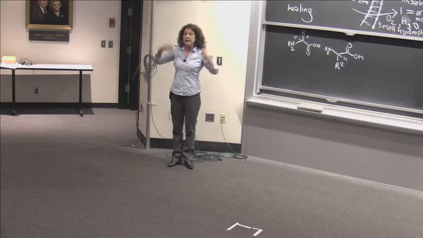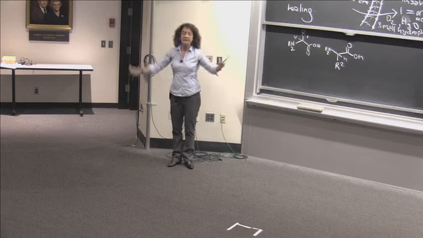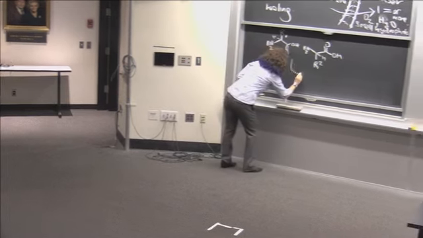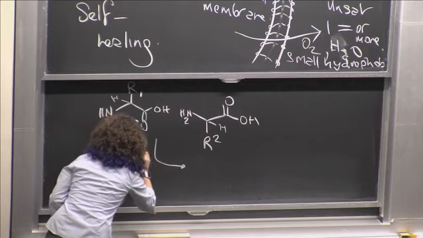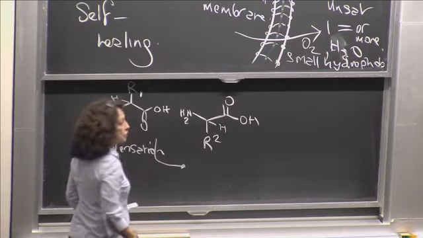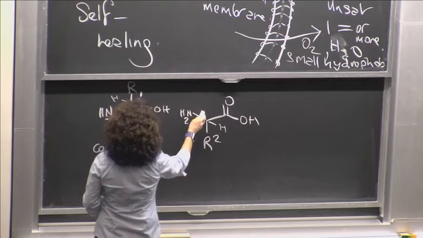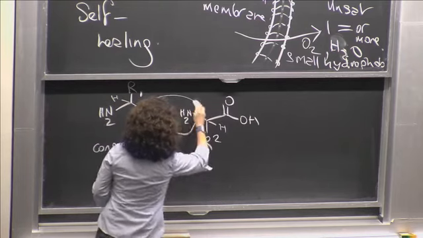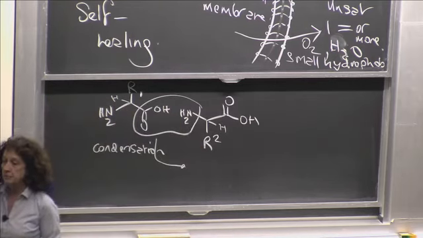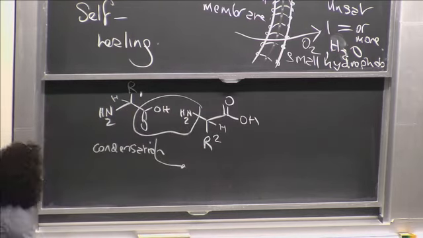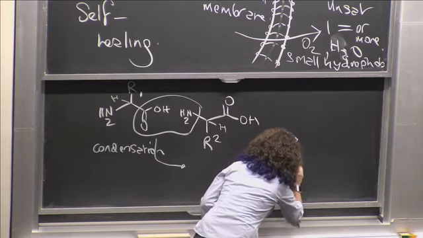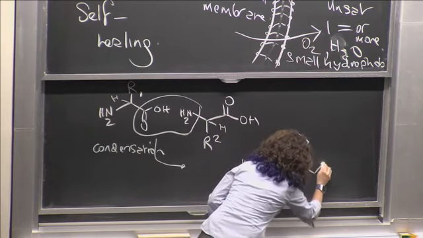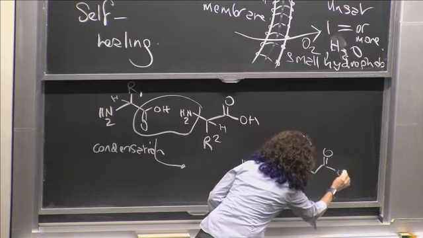When nature bonds all these amino acids together, it carries out a condensation reaction to form a peptide bond between these 2 components of the amino acid, the amine and the carboxylic acid. And now I'm going to draw you the first of the dipeptides that you'll meet. And there are so many things to tell you about these structures.